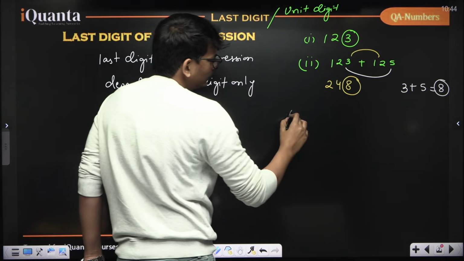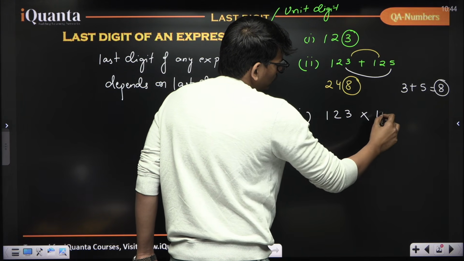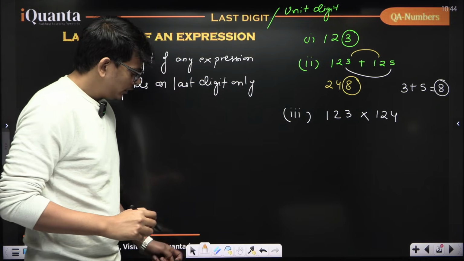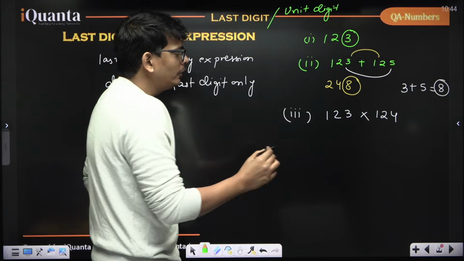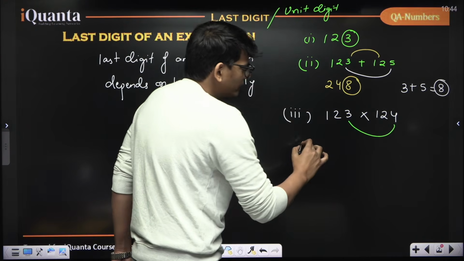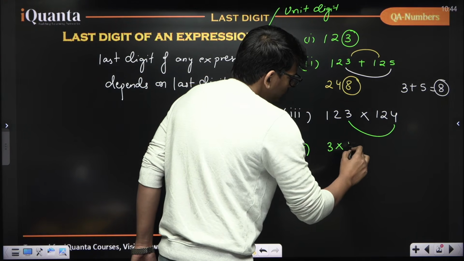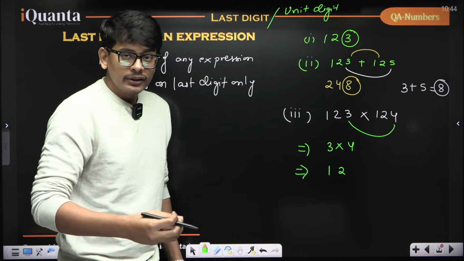That means if I ask you to solve this question, do we need to multiply these two numbers? Obviously not. We need to focus on multiplying the last digits, that means 3 and 4. So 3 into 4 is 12, and the 2 will be the unit digit or the last digit.